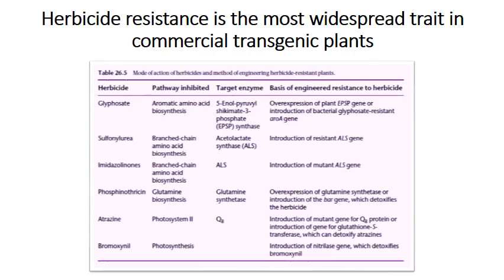A gene encoding the enzyme was subsequently isolated and introduced into the Petunia plant under the control of the CaMV promoter. As I told you, this CaMV is a virus and the promoter is isolated from the viral portion. Transgenic plants expressed increased levels of EPSP synthase in their chloroplasts and were significantly more tolerant to glyphosate.